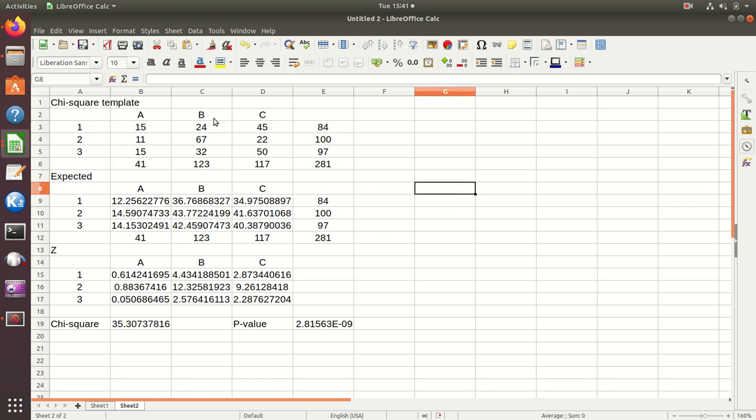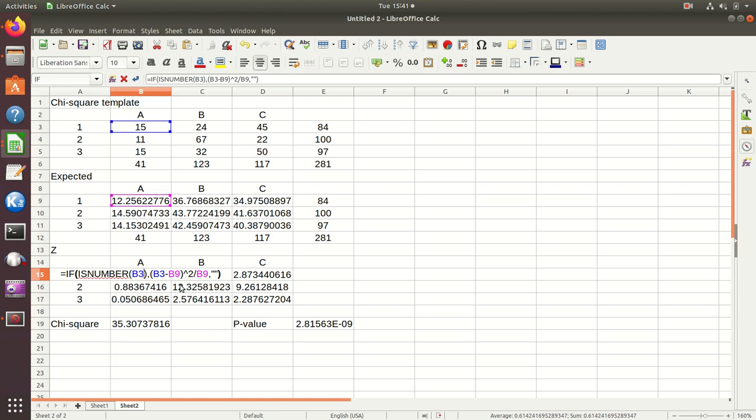But there's my original data, my expected. Here's my z squared over the standard error, so B3, so that's up there, minus B9 here, quantity squared divided by B9, the expected number. And again, I have the is number in there.